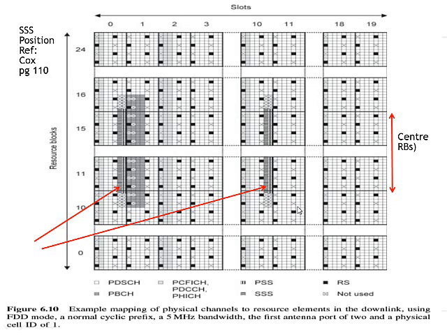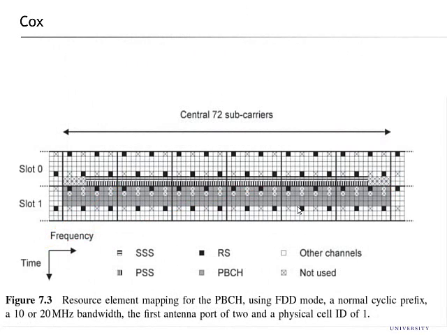So once you have your primary and secondary synchronization channels sorted out, okay, this is again a similar diagram but turned around the other way. The next thing that we look for is this broadcast channel, which is called PBCH.